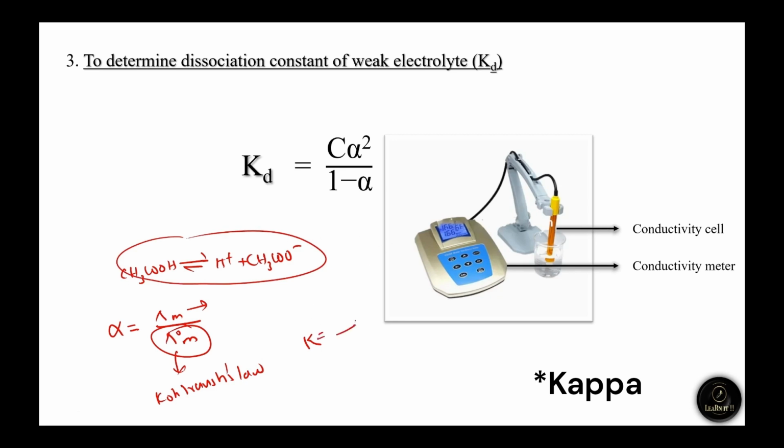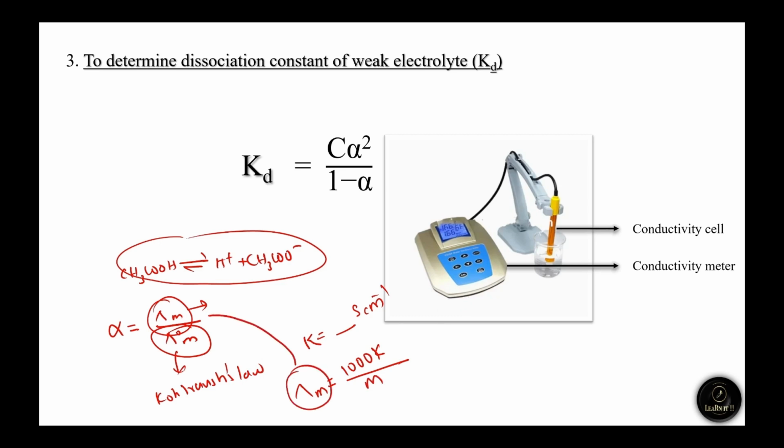It is having a certain value, Siemens per centimeter. So we can calculate the lambda m by using the formula 1000 K by the given concentration, whatever the concentration of the solution that is taken. So by this we can calculate the lambda m, that we can put here, we can get the alpha.